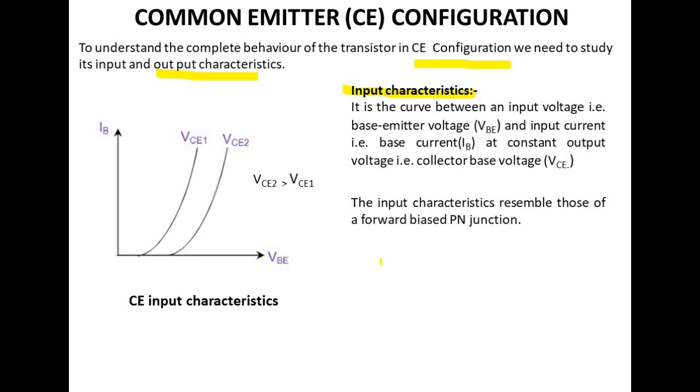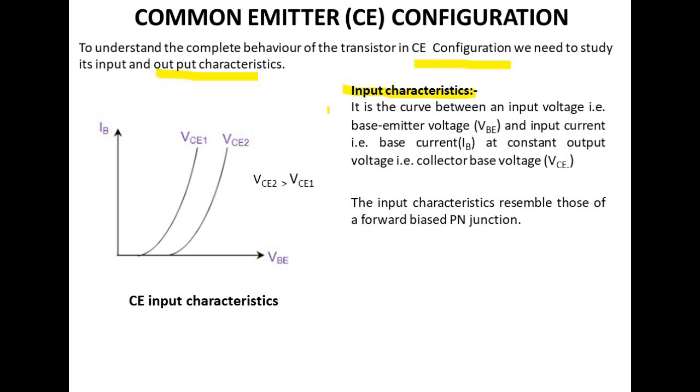Input characteristics should be the curve between two variables, so there will be two input parameters and one output parameter, because the transistor is a three terminal device. So we have to take three variables to draw any characteristics at a time.